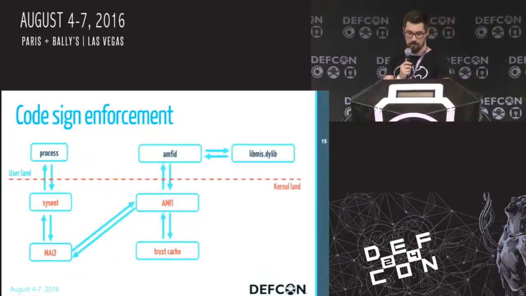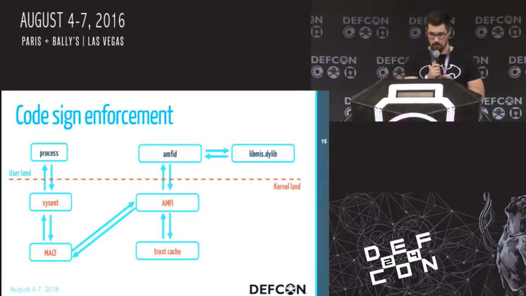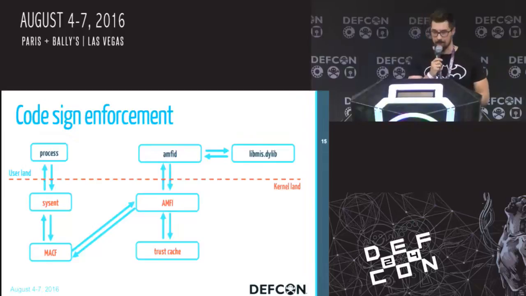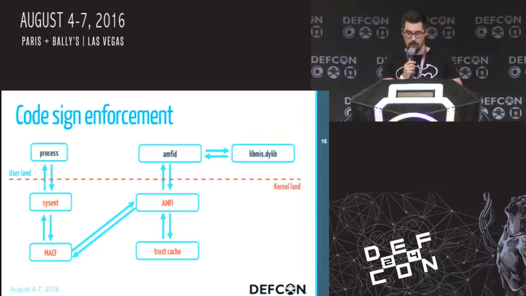A big picture of how code sign enforcement works. Here we have a process in userland that calls a syscall or a MAC trap. The corresponding function from sysent gets called. It calls out to the MAC framework, which checks whether any policy modules requested to hook particular functionality.